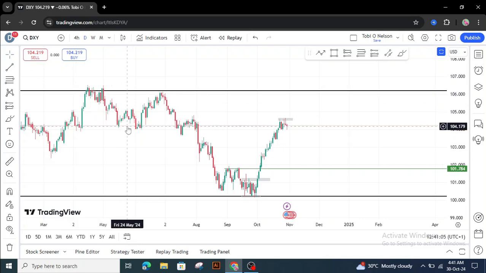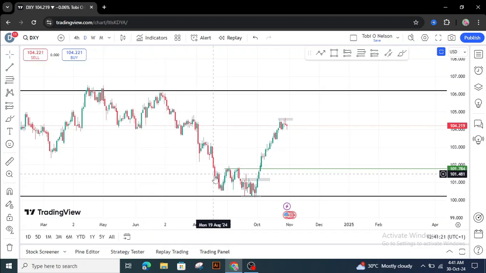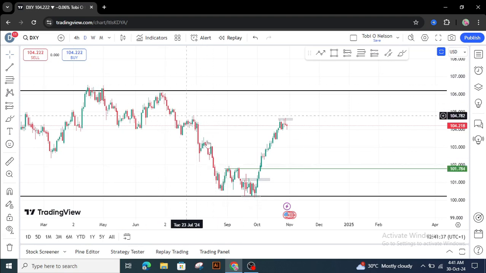DXY, the dollar index, is used to measure the strength of the dollar against every other major currency like the euro, British pound, Japanese yen, and co. Whenever you see the dollar index going down like this, it means that the dollar is weak against the euro, British pound, and other major currencies, meaning those currencies are stronger than the dollar.